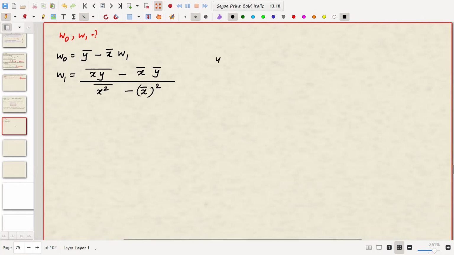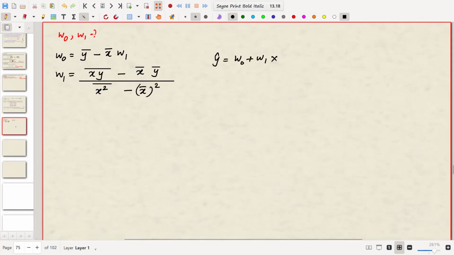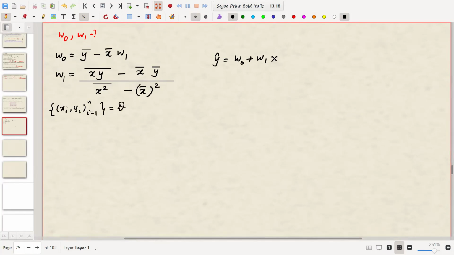Anyway, so now we know y cap is W0 plus W1x. So W0 and W1 you can easily compute. How? If you have a set of data xi, yi, can you compute x bar from this data? Yes, take the mean.